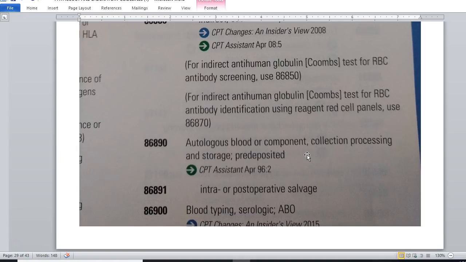One of the big things they started doing probably over 10 years ago, at least in my area, is if patients are going to have a planned surgery, they can go every month and get a pint of blood taken out of them, and they will store it and freeze it at the facility and then use it for the patient during surgery. So this helps with patients who are worried about transfusions in general.